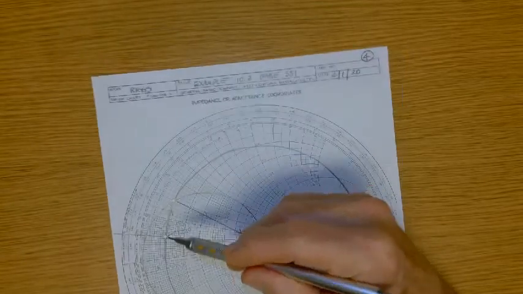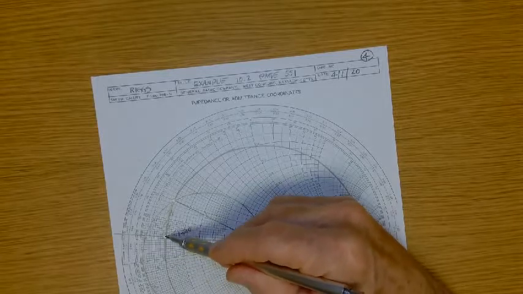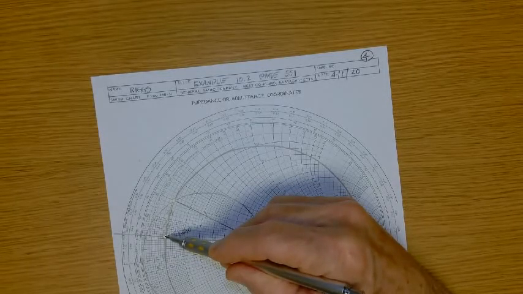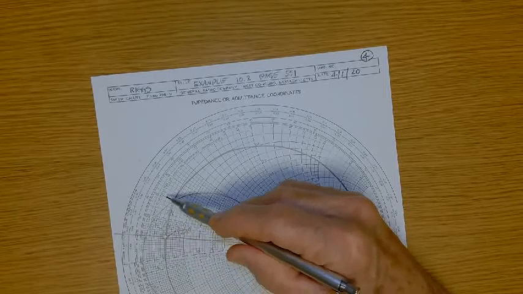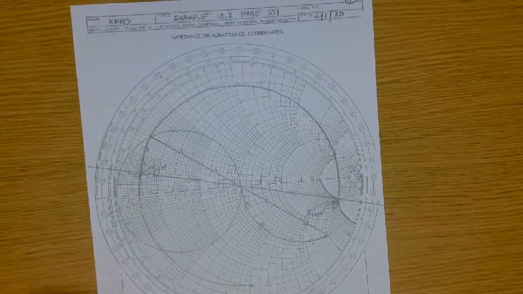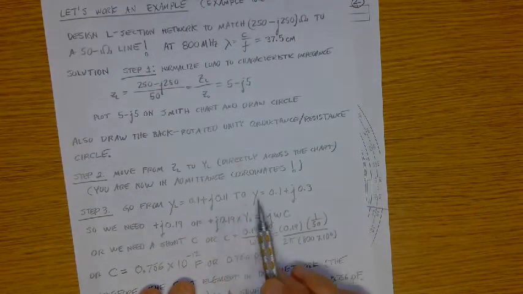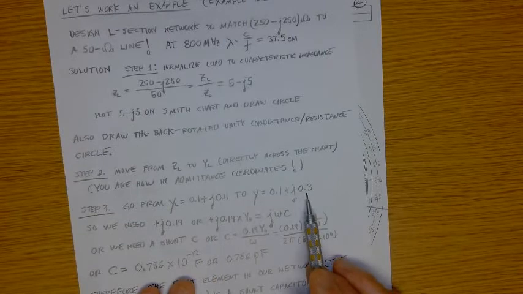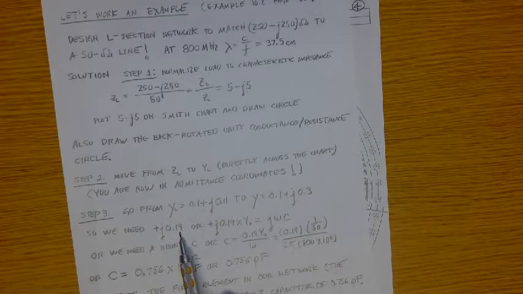We're going to go from here along to this point. So I want to start at this location, which is 0.1 plus j0.11, and I want to end up at 0.1 plus j0.3. So I need to add plus j0.19.